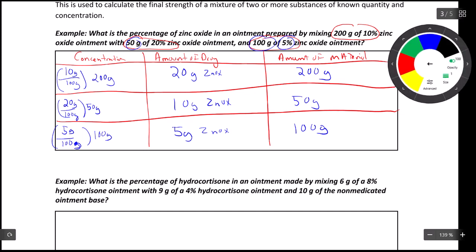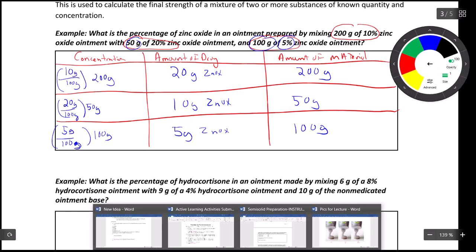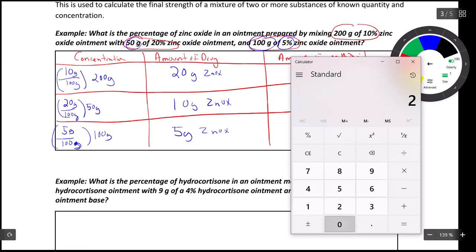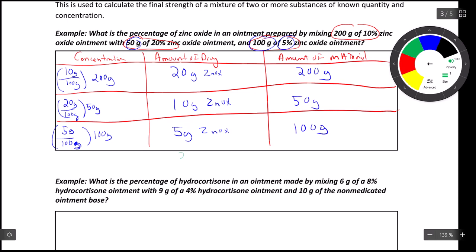If I take 20 plus 10 plus 5, I'm going to have 35 grams of zinc oxide. If I take the second total here, I've got 350 grams of material, 200 plus 50 plus 100. That's all I need to know to get my concentration.